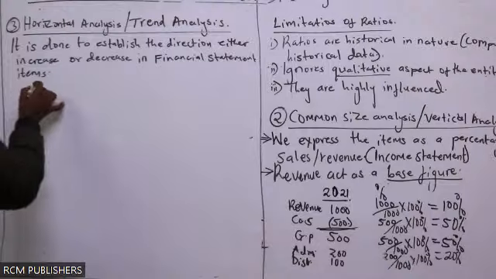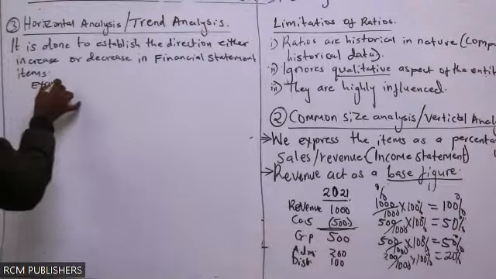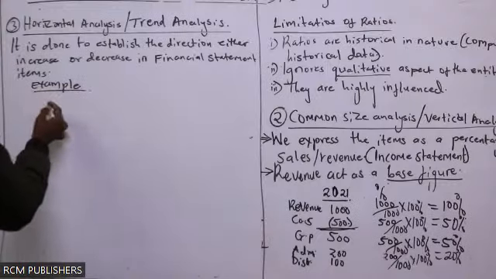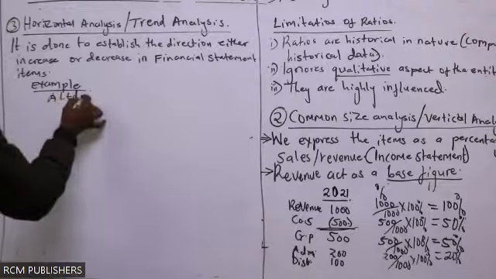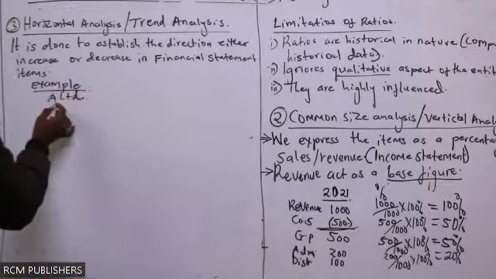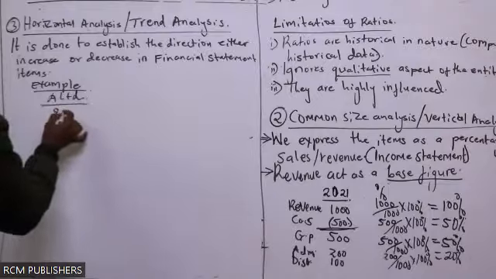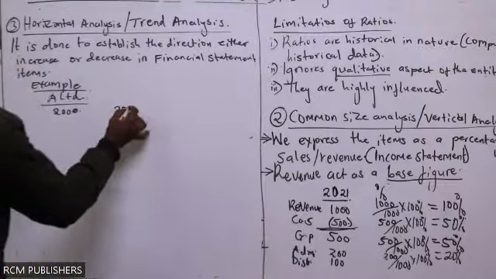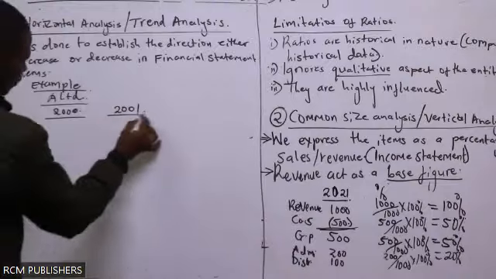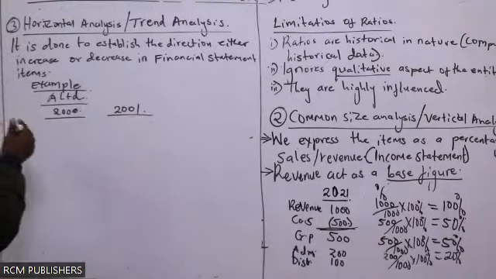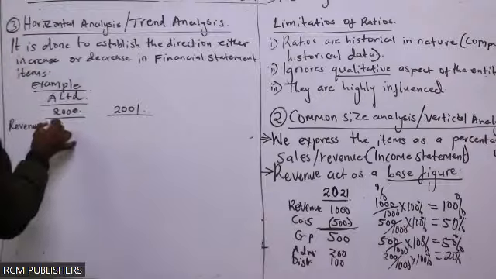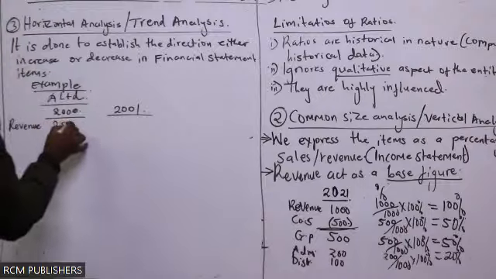For example, A Limited, financial statements for year 2000 and 2001. In the year 2000, we had revenue of maybe 2,500.